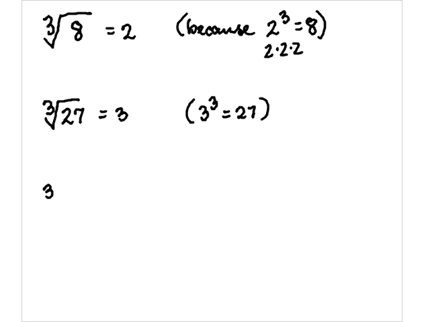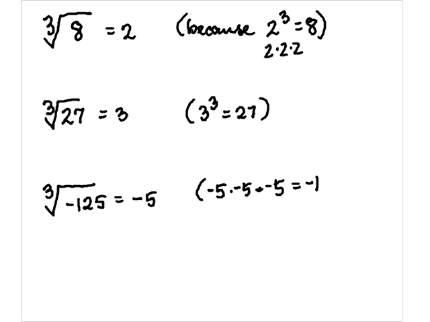The cube root of a negative number, like negative 125, can be negative. That would be negative 5, because if you do negative 5 times negative 5 times negative 5, that's 3 of them, times negative 5, you do in fact get a negative, so it's negative 125.